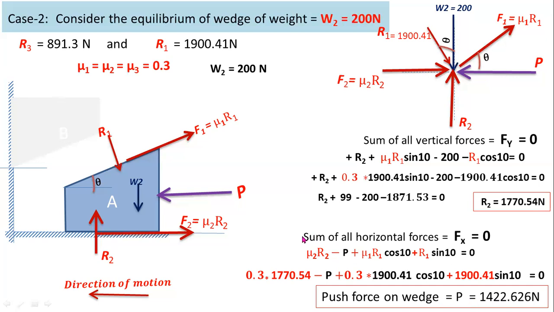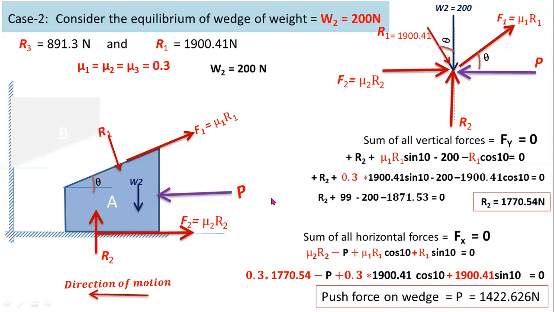Okay friends, so this is a complete answer for a wedge friction problem. First of all, you have to consider a free body diagram for solving the problem. For any problem in engineering mechanics, first of all, you have to draw a diagram.